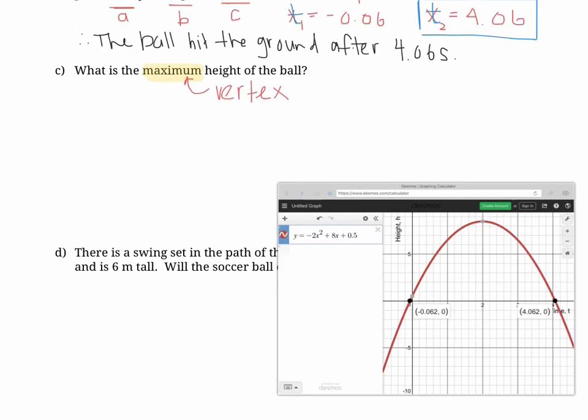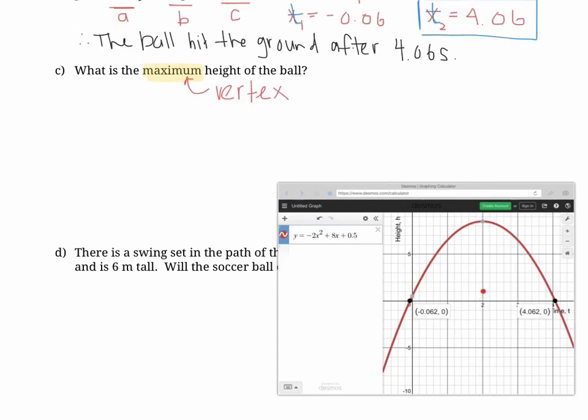So make sure you're not finding the middle between 0 and 4.062, because those aren't the two x-intercepts. Even though this x-intercept wasn't useful to us in the previous question, that doesn't mean it's not an x-intercept. So we've got to use our first x-intercept, 4.06, and add it to our other x-intercept, negative 0.06.